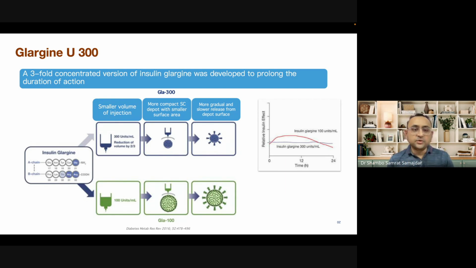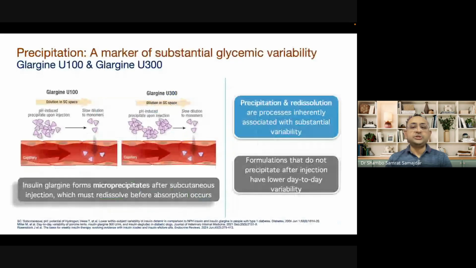When we are injecting glargine U300, we are injecting it in a smaller volume. When it becomes a depot, as it is a smaller volume of injection, it forms a more compact subcutaneous depot with a smaller surface area, and that will lead to gradual and slower release from the depot surface. That is why it has a prolonged duration of action.